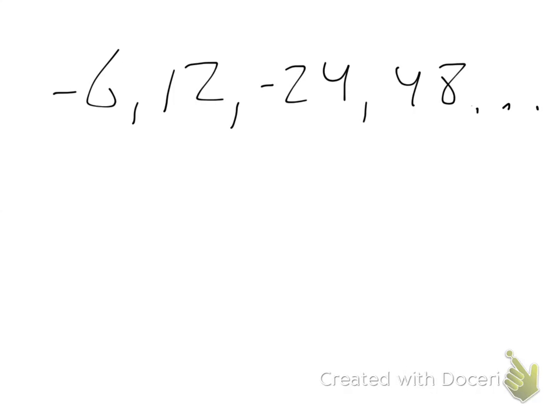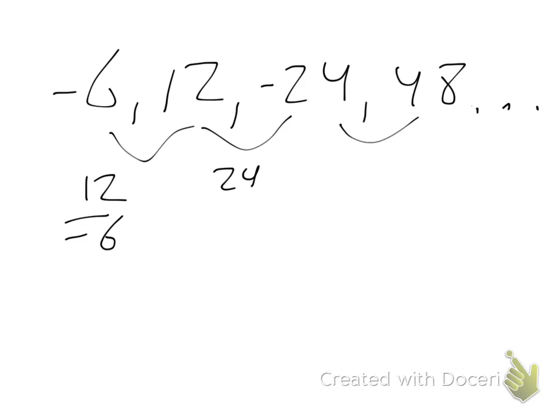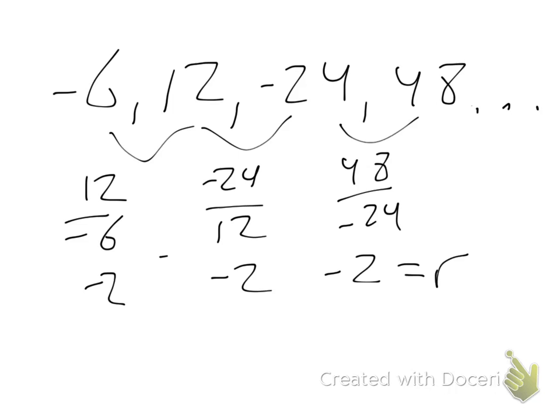Okay, guys, write the equation. Is this a geometric or arithmetic sequence? So let's test it out. 12 divided by -6. -24 divided by 12. 48 over -24. I get -2, -2, -2, which is an R value because it's a ratio.